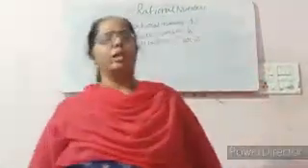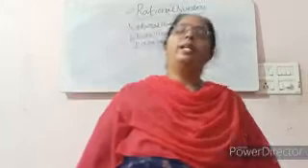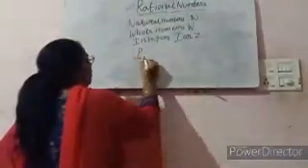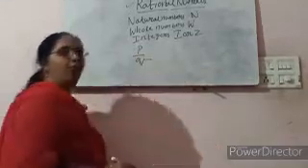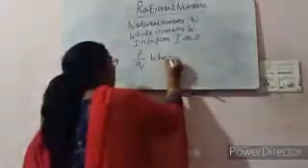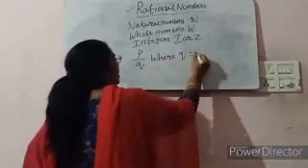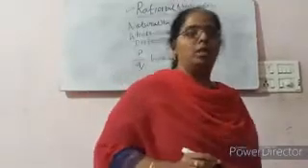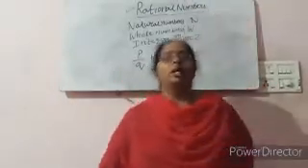So what is a rational number? A number which is in the form of p by q, where q is not equal to 0. Such numbers are called rational numbers.